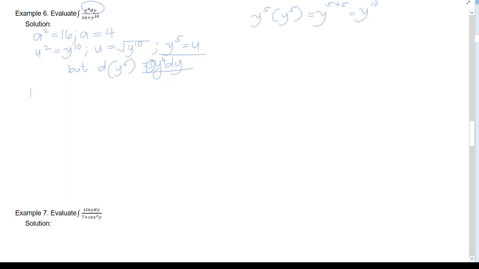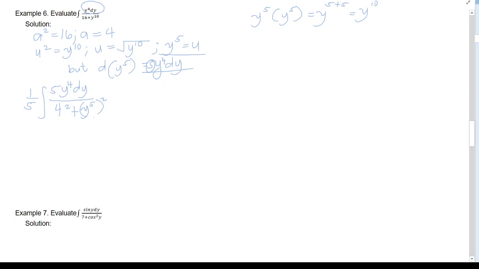Manipulating the equation, it will give us 1 over 5 the integral of 5y raised to 4 dy divided by 4 squared plus y raised to 5, and that is squared.